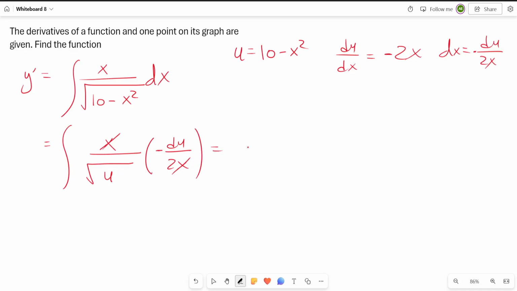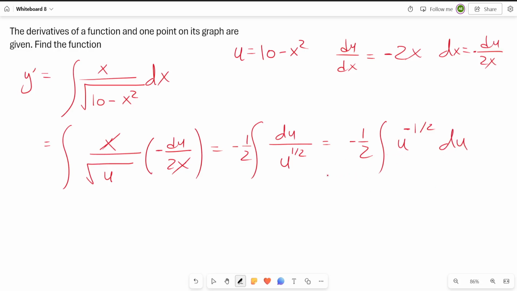So I can rewrite this as the integration of, I can take this negative half outside, and I will be left with du over square root of u. And square root of u is the same as u power half. I can rewrite this in the final form by putting this u on the top and flipping the power's sign, so it's going to be u power negative half times du.